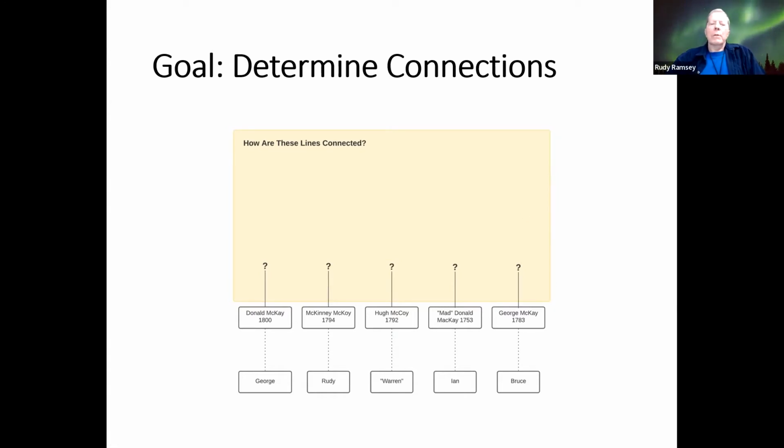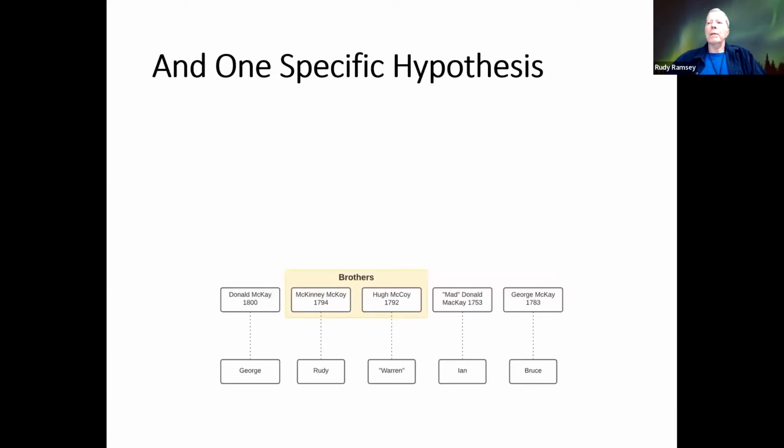And under the circumstances, since we're talking about paternal lines, naturally Y-DNA was a reasonable place to start. And so that's what we did for our first phase of research, and that's what I'm going to talk about mostly. We also had one very specific hypothesis.